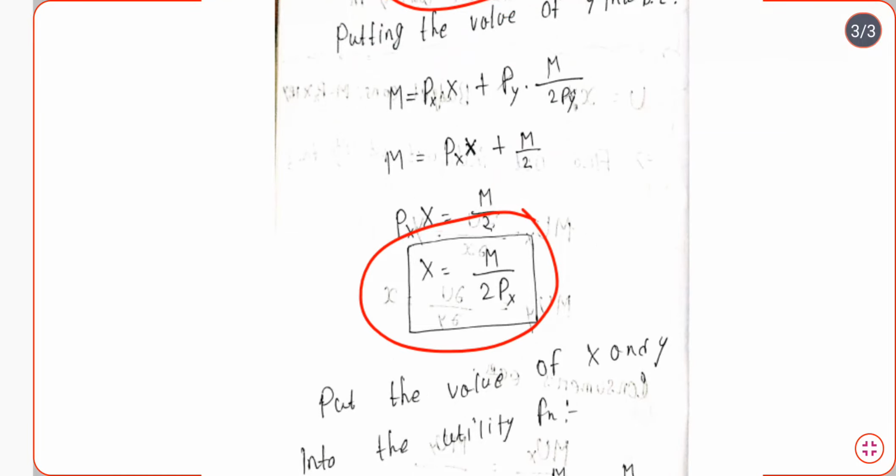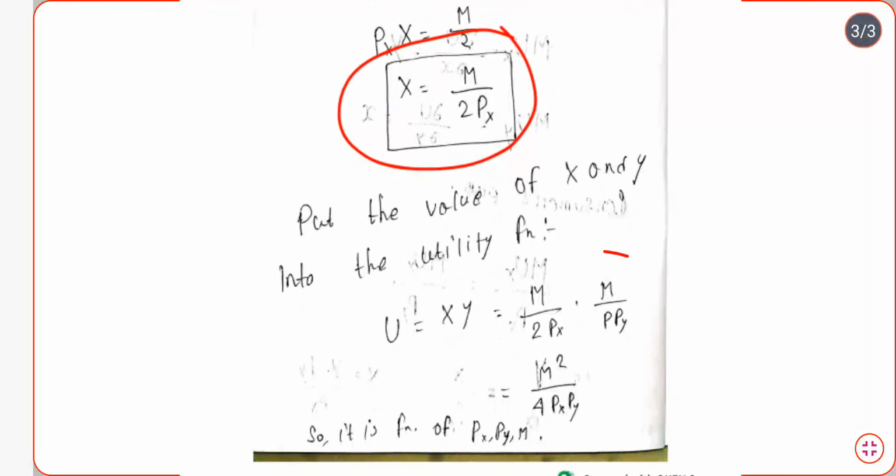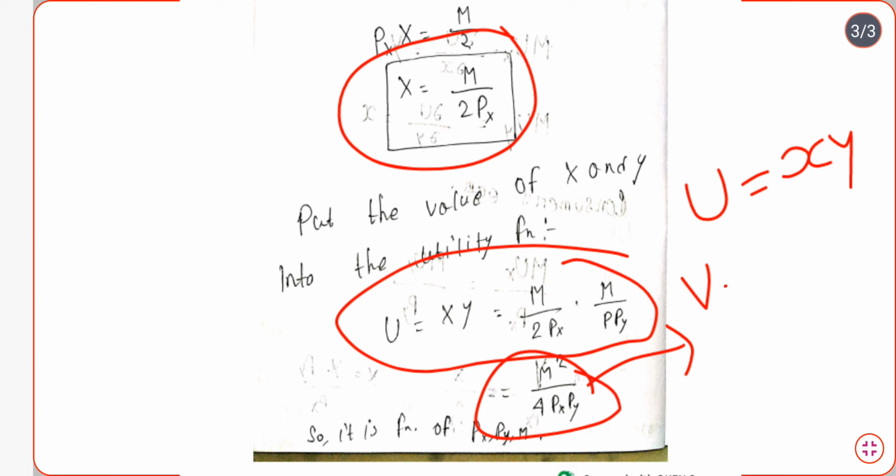Putting the values of x and y in the utility function, we get the indirect utility function, that is m square by 4 px py. So we can easily see that utility at first was a function of x and y only, but now utility has become a function of m, px and py, that means income and the prices of x and y.